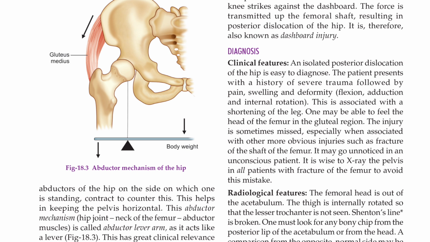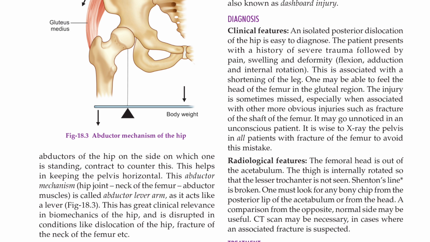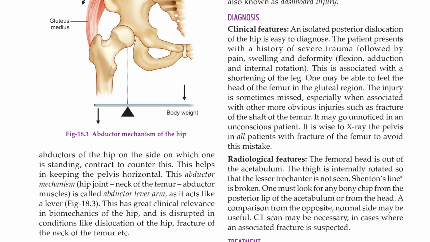So what is deformity here? Flexion, adduction, and internal rotation. So this is associated with shortening of leg. One may be able to feel the head of femur in the gluteal region.